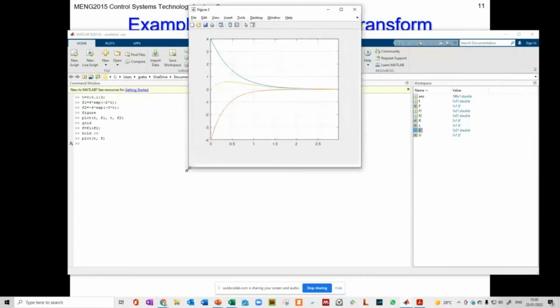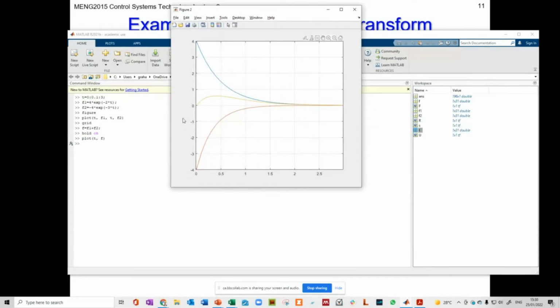What that tells us is that if you have a higher numerical value of your exponential coefficient, it actually decays faster, and that means it has less impact on your overall response. The orange line is the overall response. The red line decays faster, it loses value faster because it has a higher negative coefficient of the exponential term.